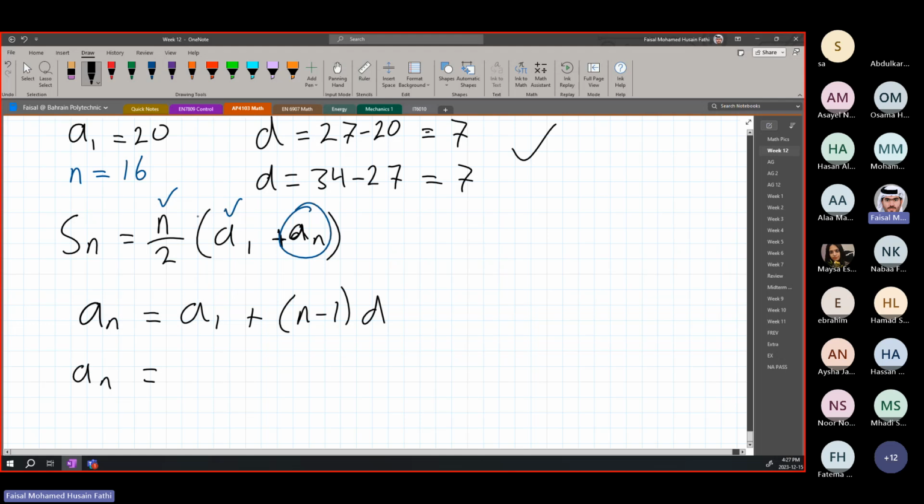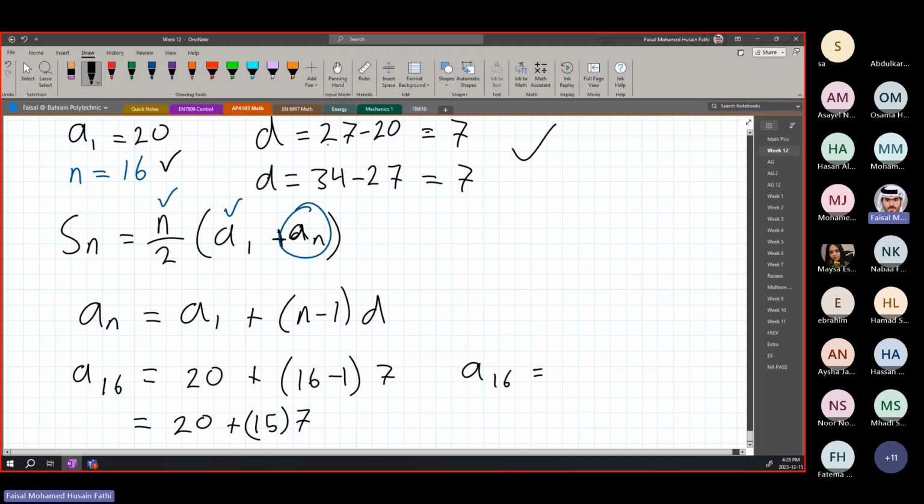An is equal to, or a16 in this case, because we know that n is equal to 16. So a16 is equal to a1 is 20 plus n minus 1, 16 minus 1 times the d, which is the common difference, 7. Put all of this in a calculator, so it's 20 plus 15 times 7.